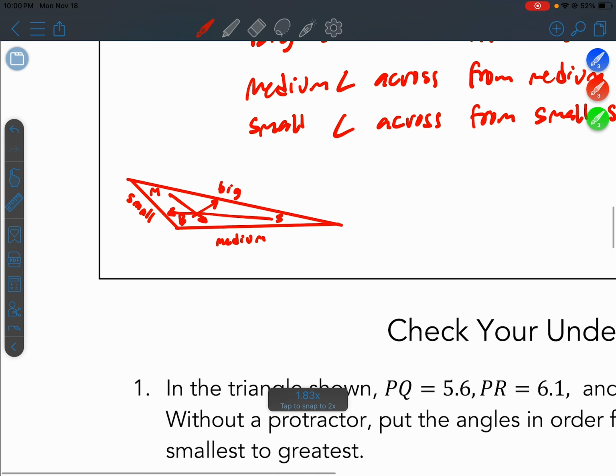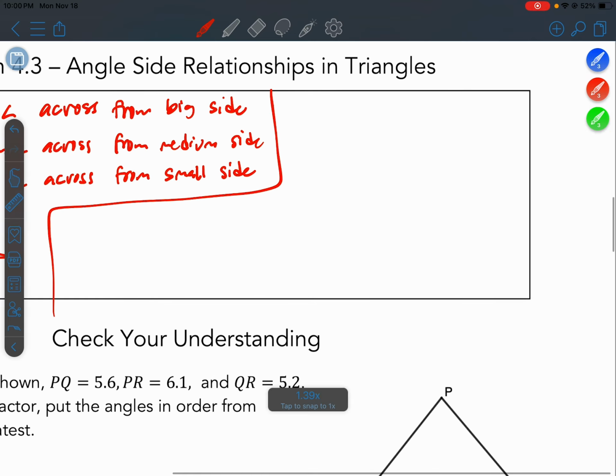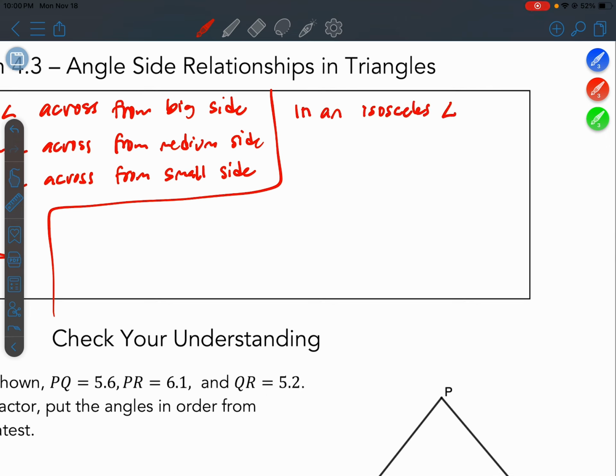from small side. Okay. All right, so that's kind of our first skill learning target. The second one has to do with those isosceles triangles. Okay. So let's kind of create some space over here. Okay. So in an isosceles triangle, the base angles are congruent.